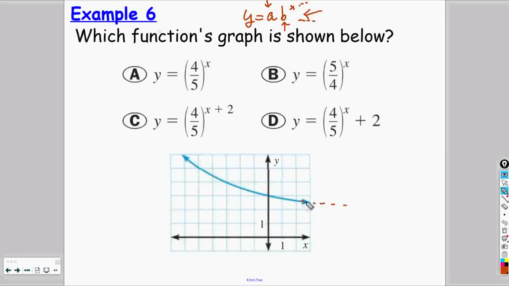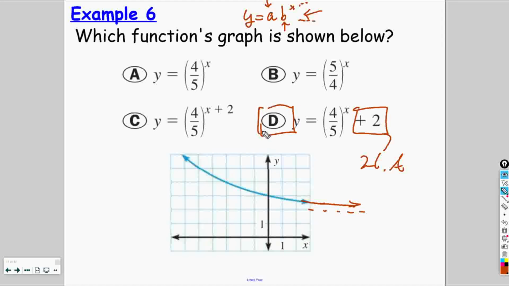So it seems to be approaching that value of 2. Now, if you know that, then this is easy. We can see that plus 2 there. That would represent the horizontal asymptote, or the HA, as we call it. So that might be enough to say that our solution is D.